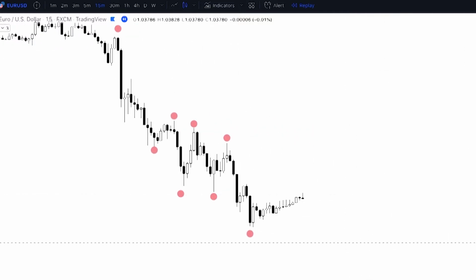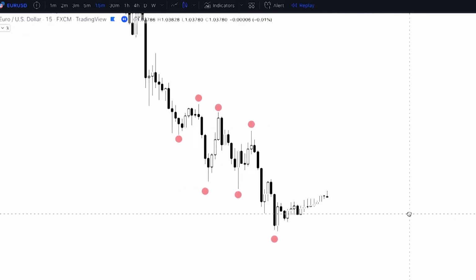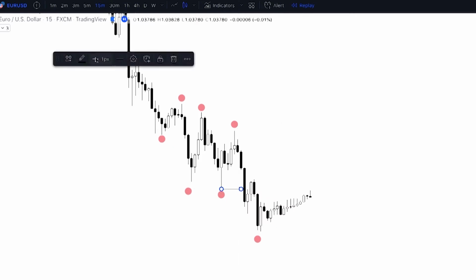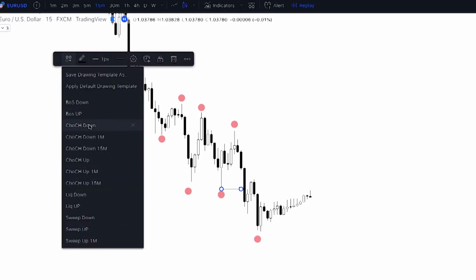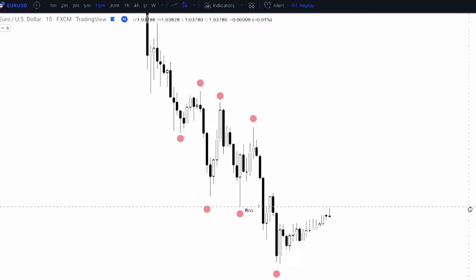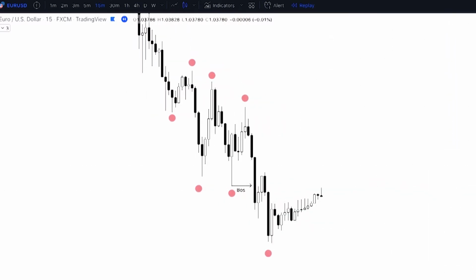So now we are going to search for breakup structure, where we got breakup structure. So this is our breakup structure down, and now we are going to search for our point of interest. This is a nice zone, a nice point of interest.